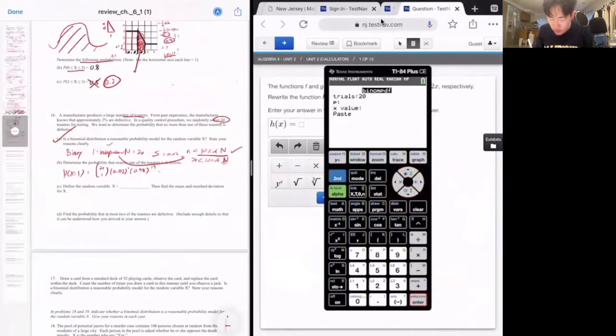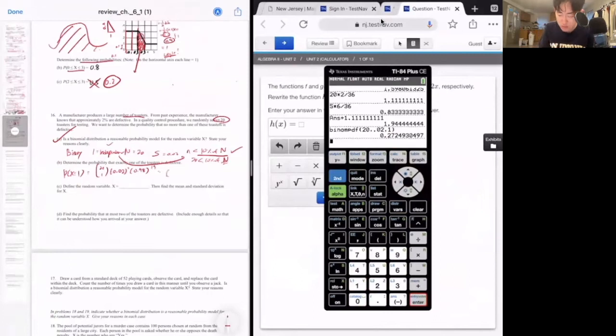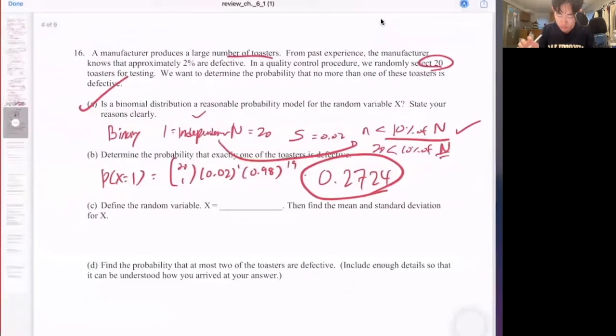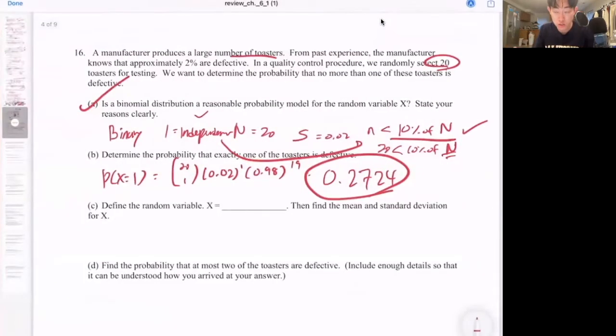Trials, there's going to be 20; probability of success, in this case, is defectiveness; and the X value is simply going to be exactly 1. Paste, bam, we have 0.2724. So about a 27% chance that exactly one of these toasters is defective.